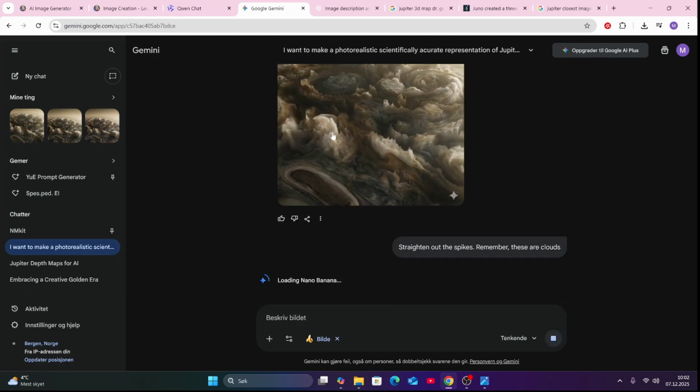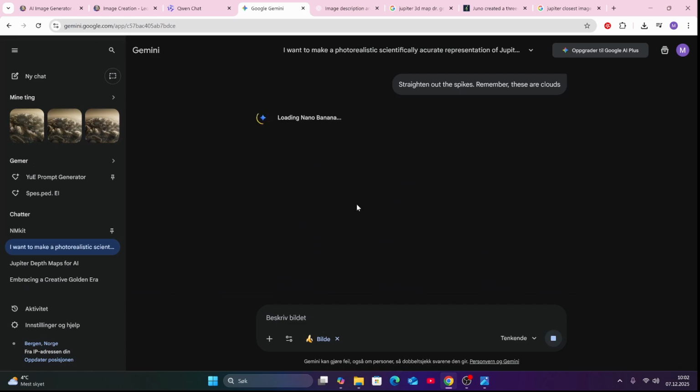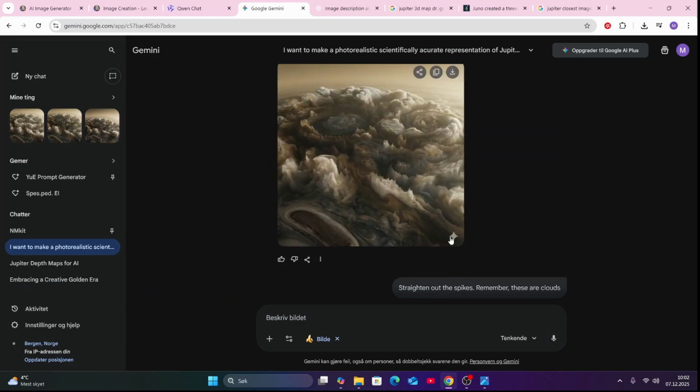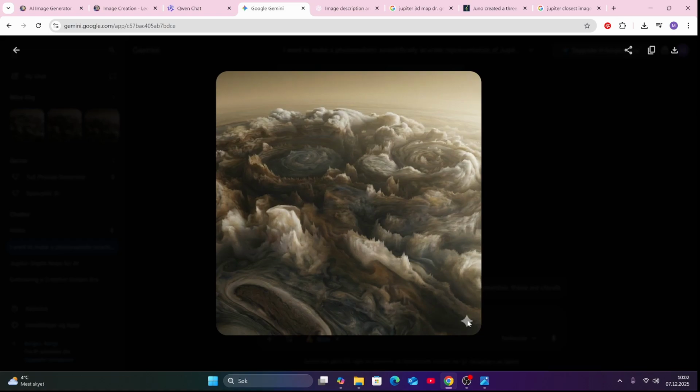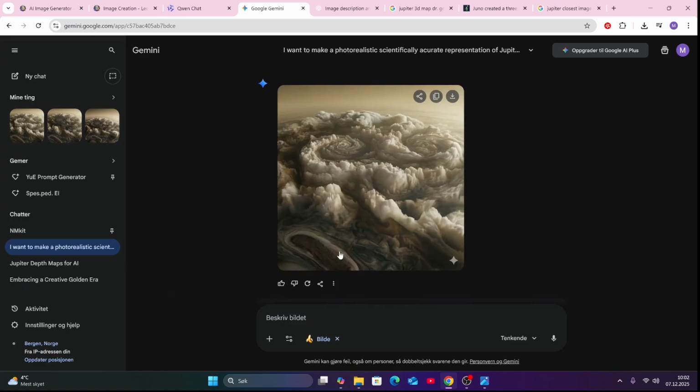I mean, props to Google for giving us all of this stuff for free. I can generate however many images I want with Nano Banana. Sure, I do hate the fact that they give me that watermark, because it really ruins it for me if I want to animate stuff. But still, I'm generating images fast, and I can make however many I want.